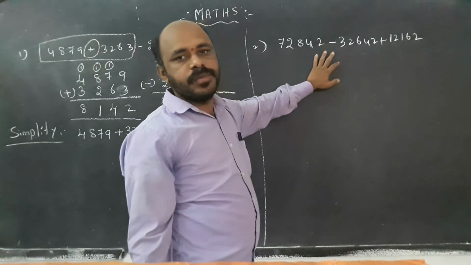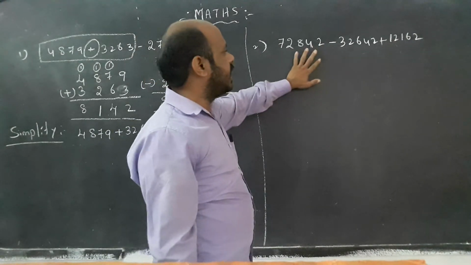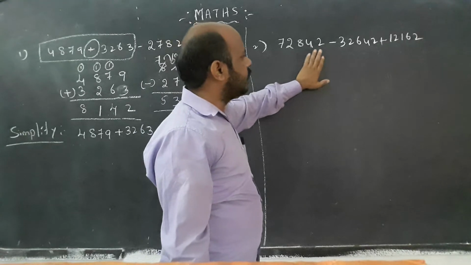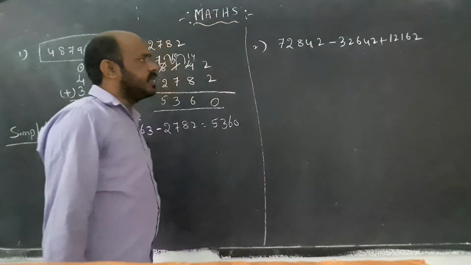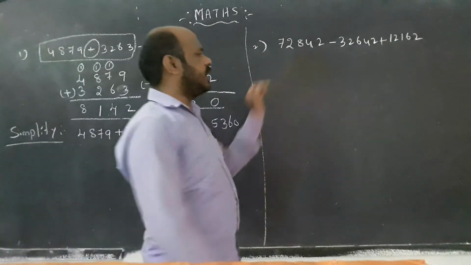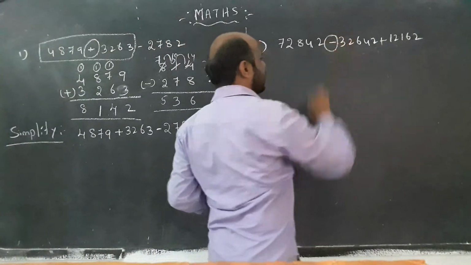First, according to our properties, we take the first two numbers. 72,842 is there, and the second one is 32,642. Between these two five-digit numbers, which symbol is there? Here it is the minus symbol.